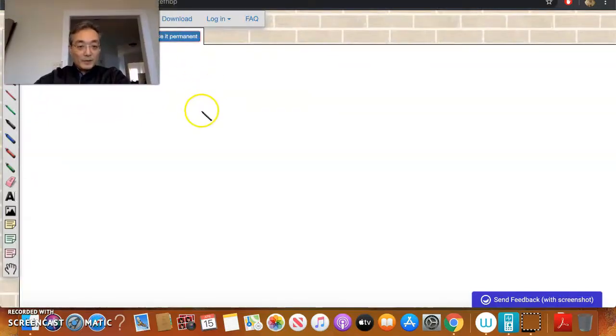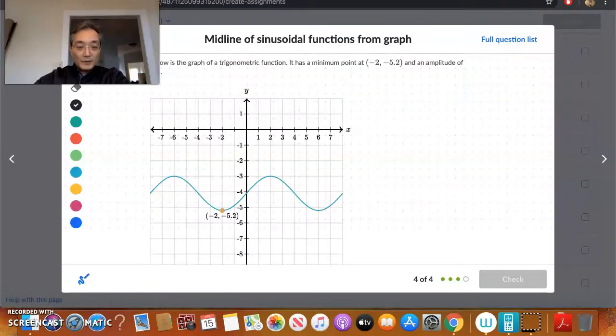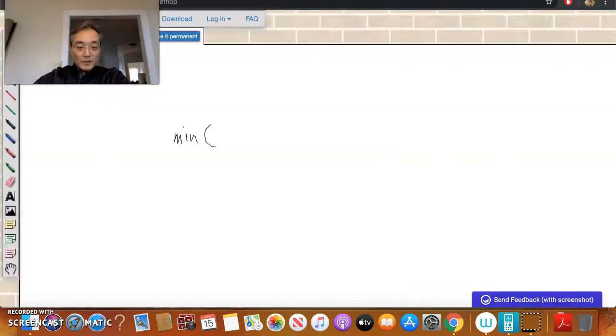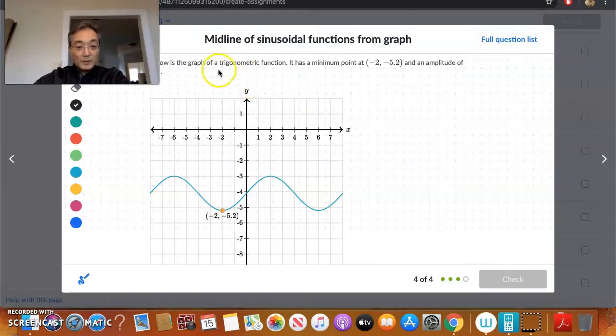So we have a minimum point this time. And that minimum point is sitting at negative 2, negative 5.2. And we're given an amplitude, which is 1.1.